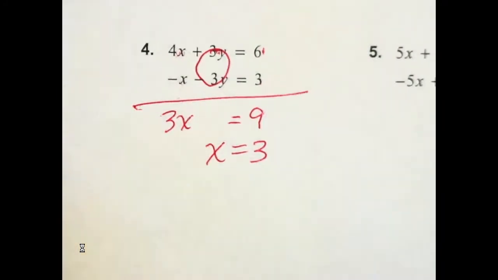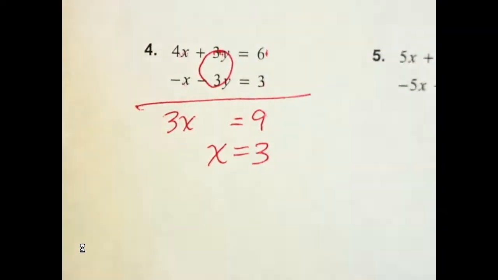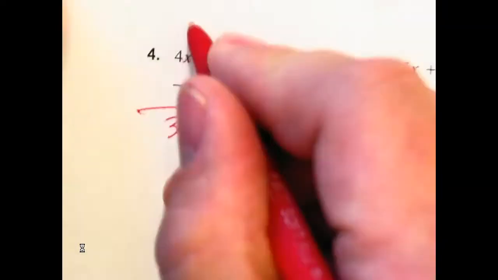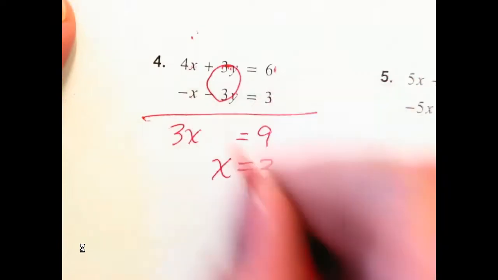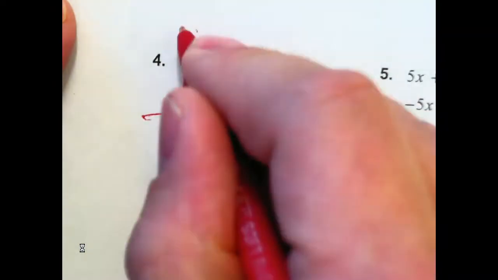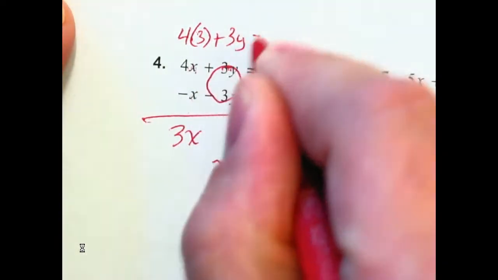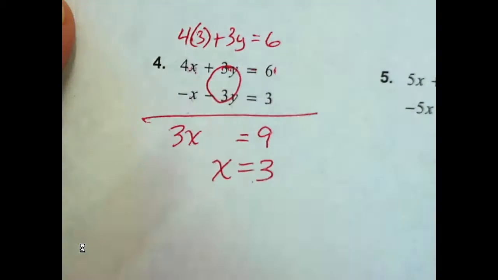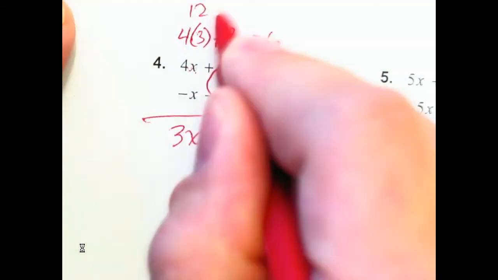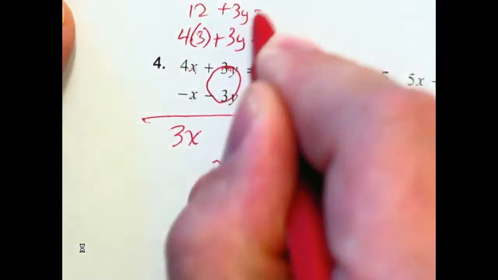On number 4, if we know x equals 3, I can plug that back into one of my equations. I'm going to plug it into the top one. So 4 times x, which is 3, plus 3 times y equals 6. And then I can solve. This gives me 12 plus 3 times y equals 6.